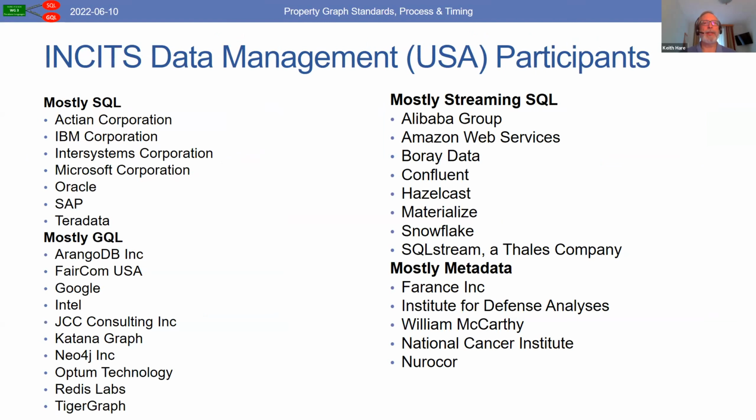The players in the US, I've broken down by my perception of what the primary interest is. And from a standards development standpoint, if you look at the number of players that are mostly interested in GQL, we have added a number of participants to the standards process in recent years, primarily because of the property graph work that we're doing.